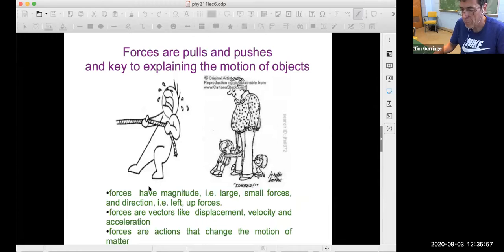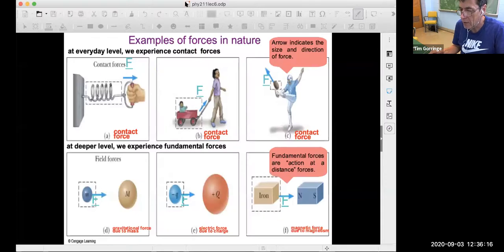Okay, so as I mentioned, forces are a word you're familiar with. Forces in physics are things like pushes, things like pulls that are illustrated here. So there's a few important remarks about forces that I should make when I get my annotation going.